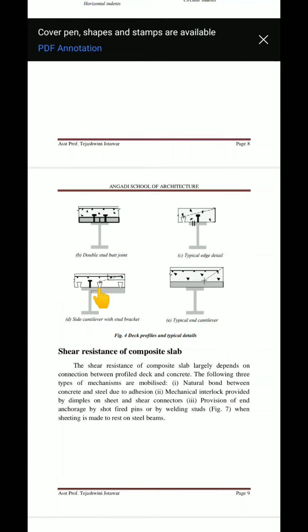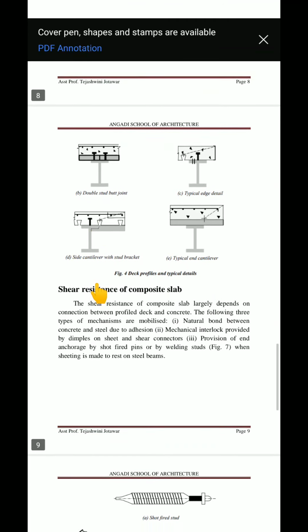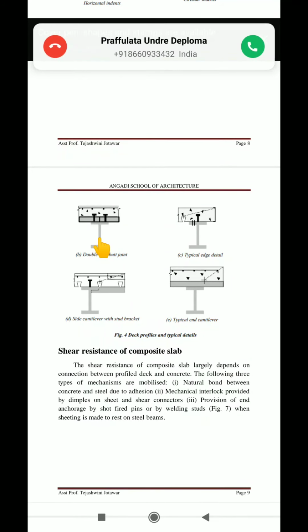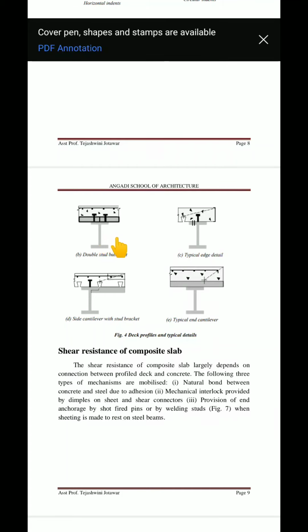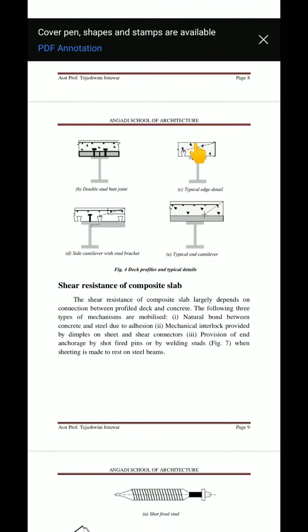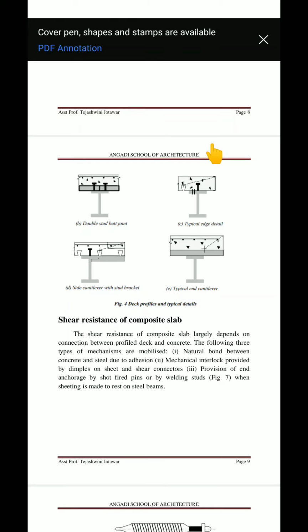First one is, make sure that wherever there is a corrugation, it should not interfere with the shear connector. The load distribution will always be at a 30 to 45 degree angle, and from the center of any corrugation of a profile sheet, 45 degrees should be maintained.